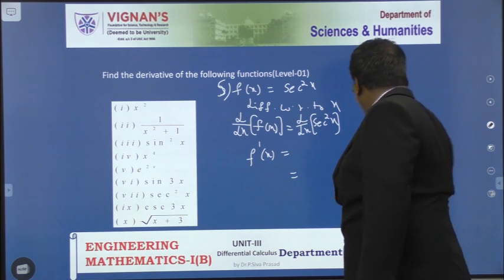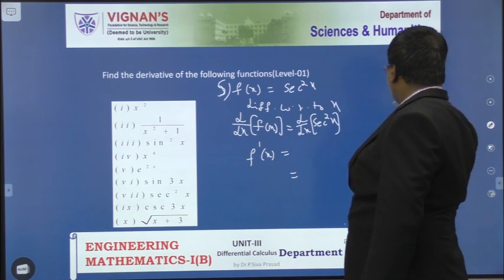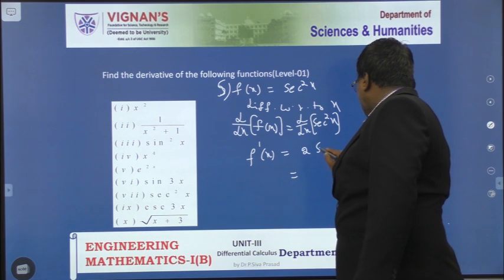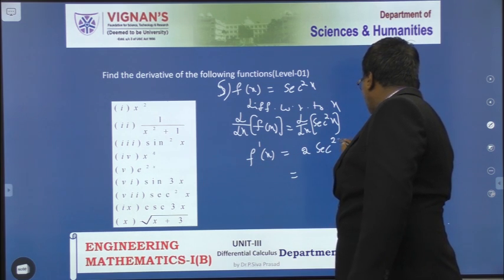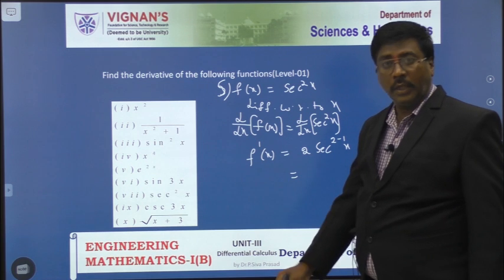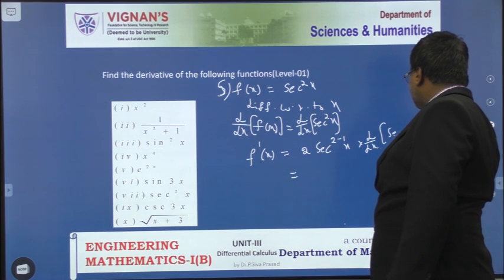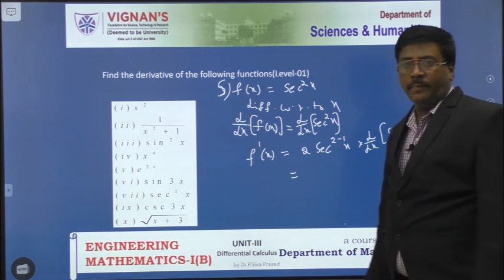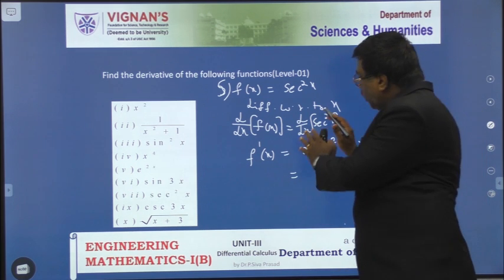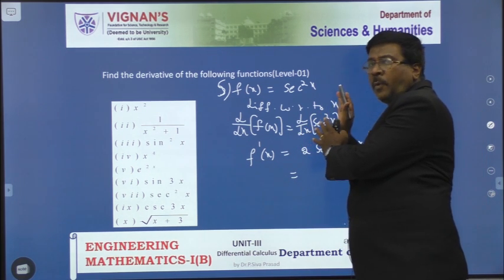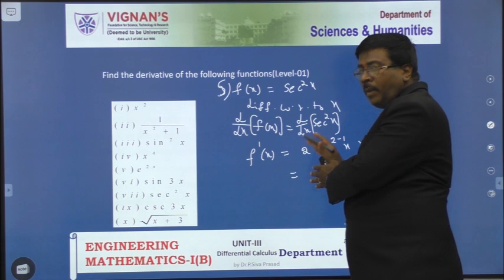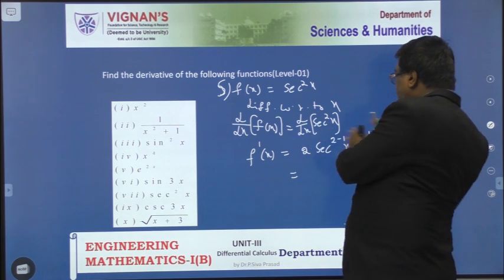Therefore 2 into secant x to the power of 2 minus 1, into the internal derivative d by dx of secant x. We apply the formula for x power n and also the internal derivative.